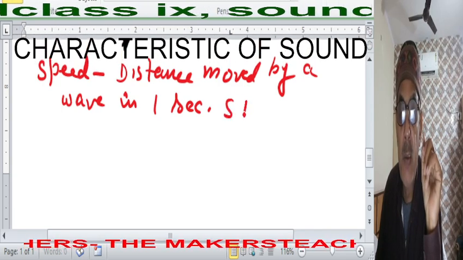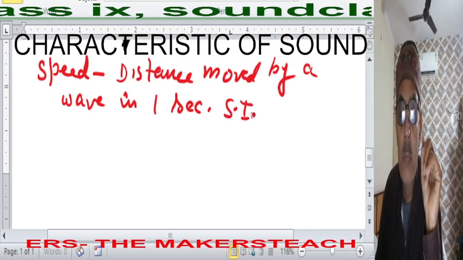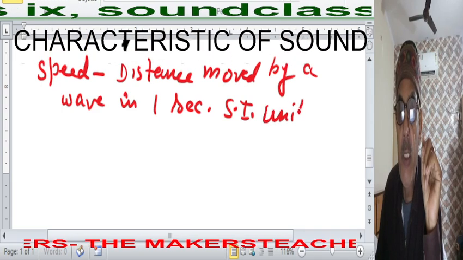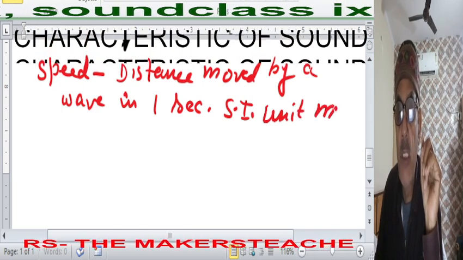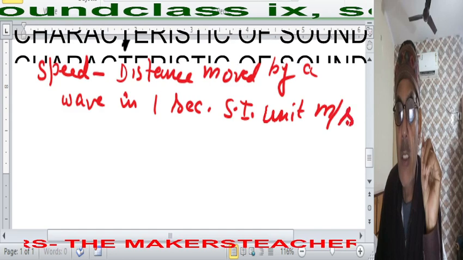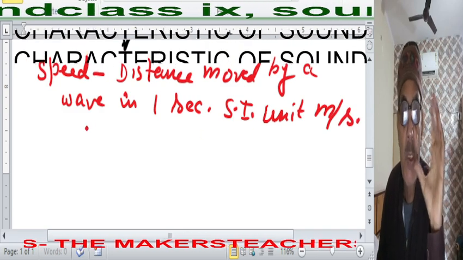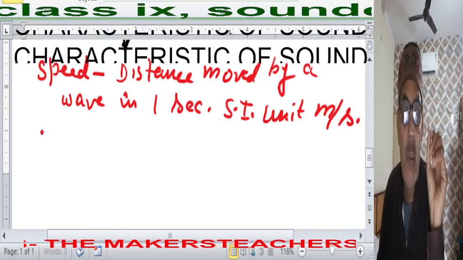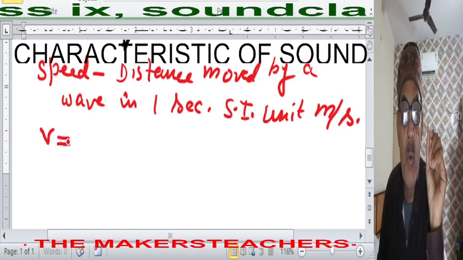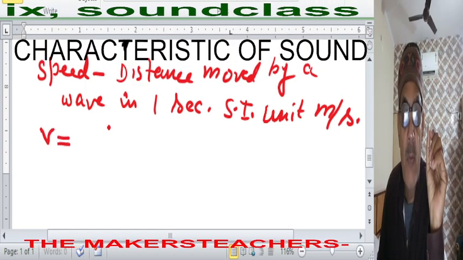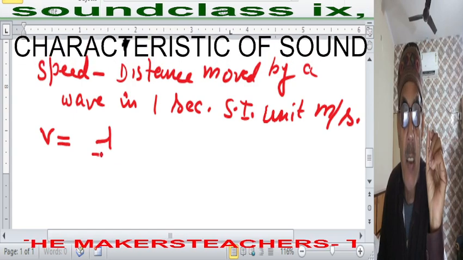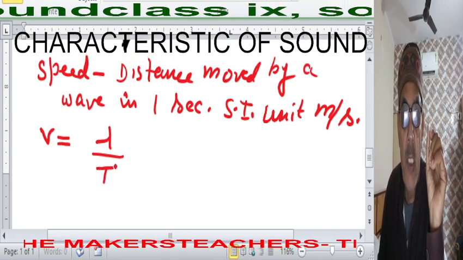SI unit of speed is meter per second. Okay, it is denoted by v. V is equal to wavelength, यानी lambda, upon t, time period.